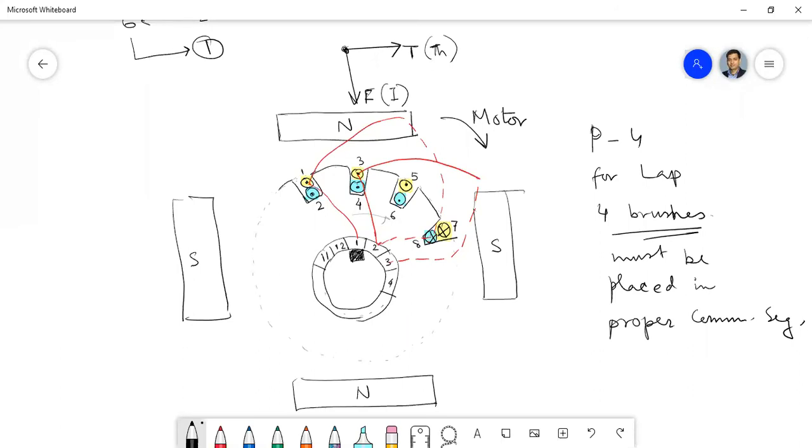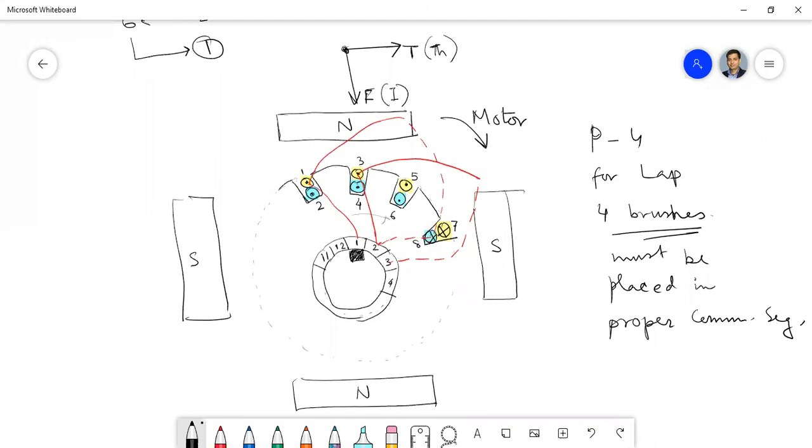And whatever the conductor or coil side is coming under the south pole should have cross current to have a constant rotation as a motor in the clockwise direction. So my constraint is it should run as a motor in clockwise direction. To get this, this is the criteria.